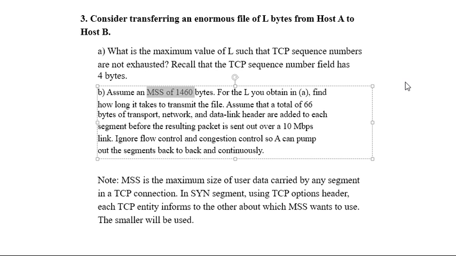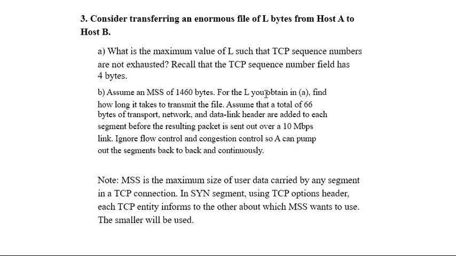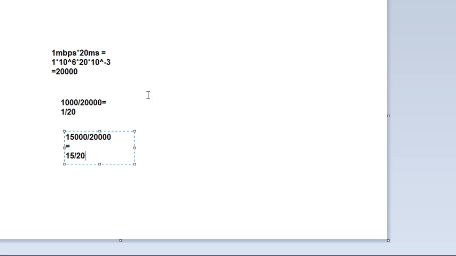MSS is given to you and find how long it takes to transmit the file. Now assume that 66 bytes of headers are added to each segment before the resulting packet is sent to a 10 Mbps link. The bandwidth given to you is 10 Mbps. MSS is 1460.